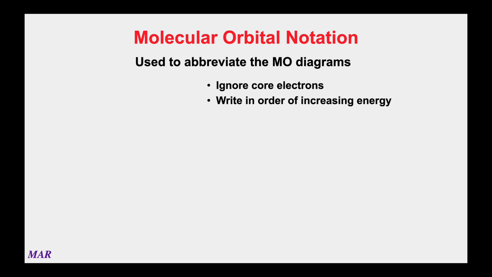With molecular orbital notation, a lot of times you'll have a core, or core electrons, and that shows the orbitals which basically aren't interacting. If you have just as many bonding as antibonding orbitals, then you could just write core for those. Also with molecular orbital notation, you always want to go in increasing energy. So lowest energy on the left and highest energy on the right. That would be like going from the bottom to the top on the other diagrams.